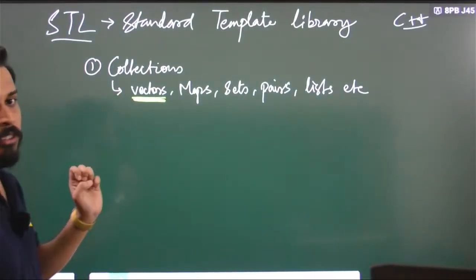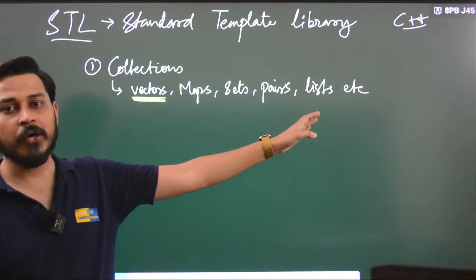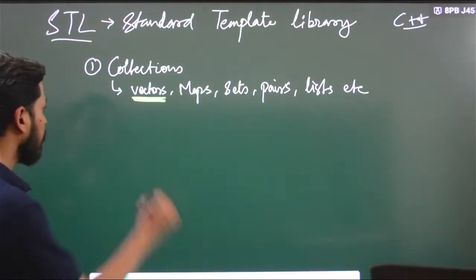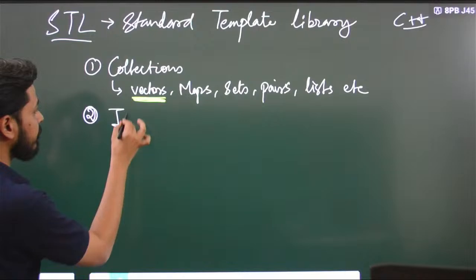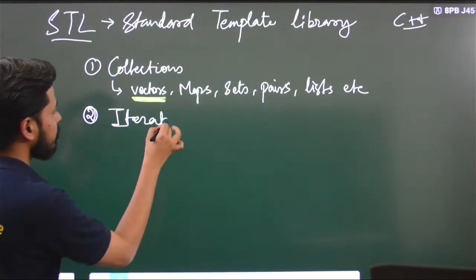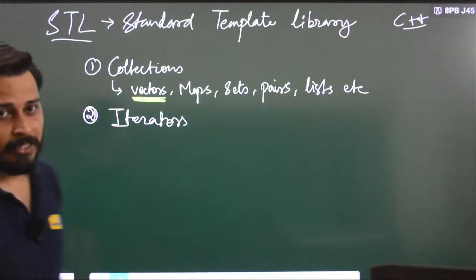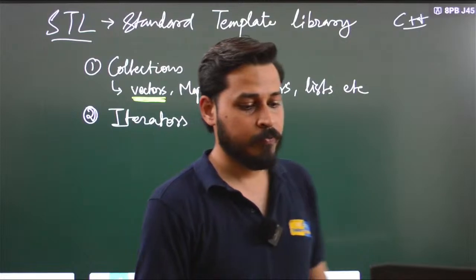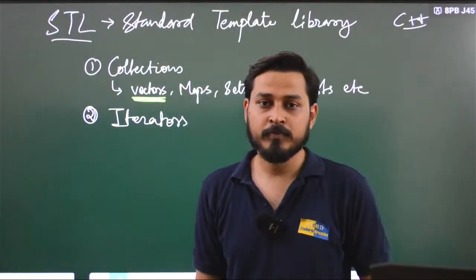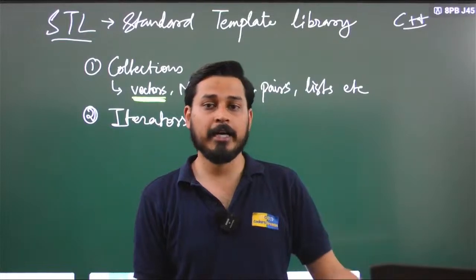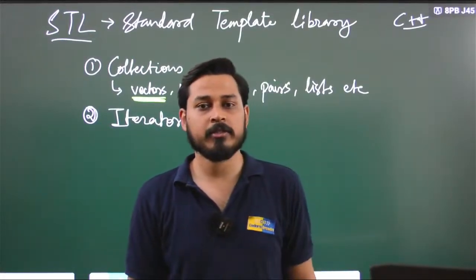Collection is the first one, and in collections we are going to talk about these many things. The second thing that we will learn is iterators. What are iterators? You know about different looping statements, right? We have for loop, while loop, different types of looping statements.